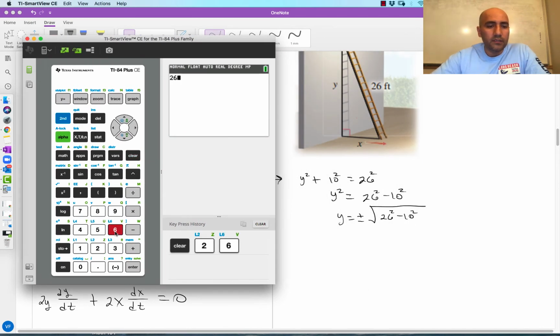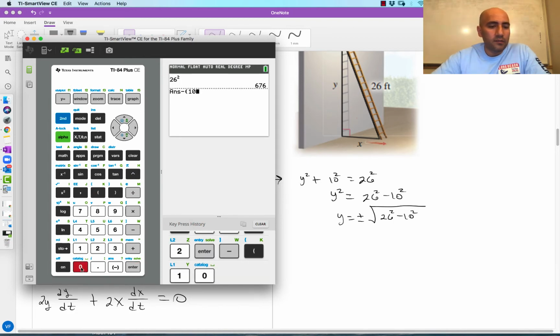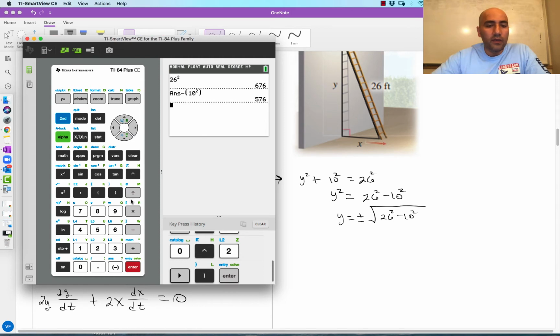So 26 to the power of 2 minus 10 to the power of 2. Enter. And we want the square root of that. The square root of the previous answer gives you 24.